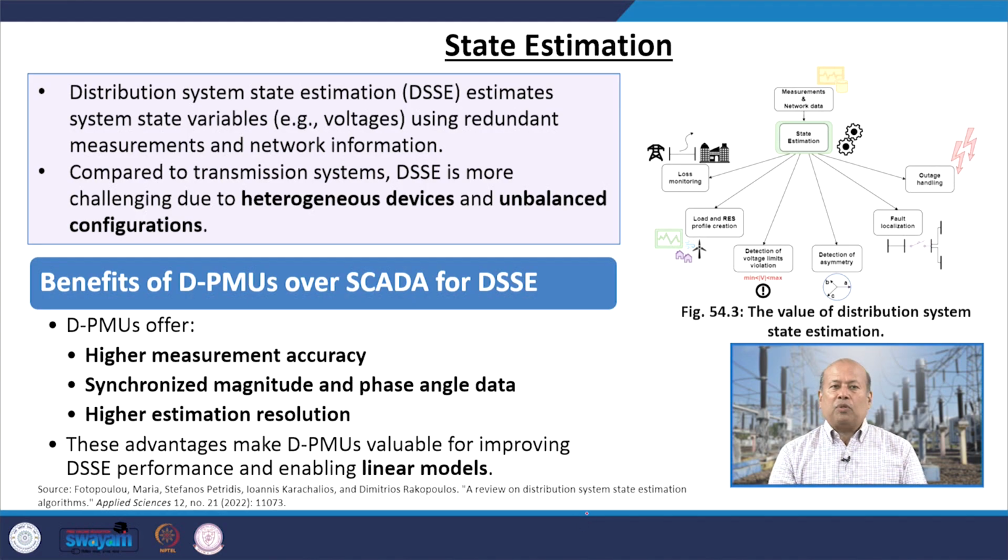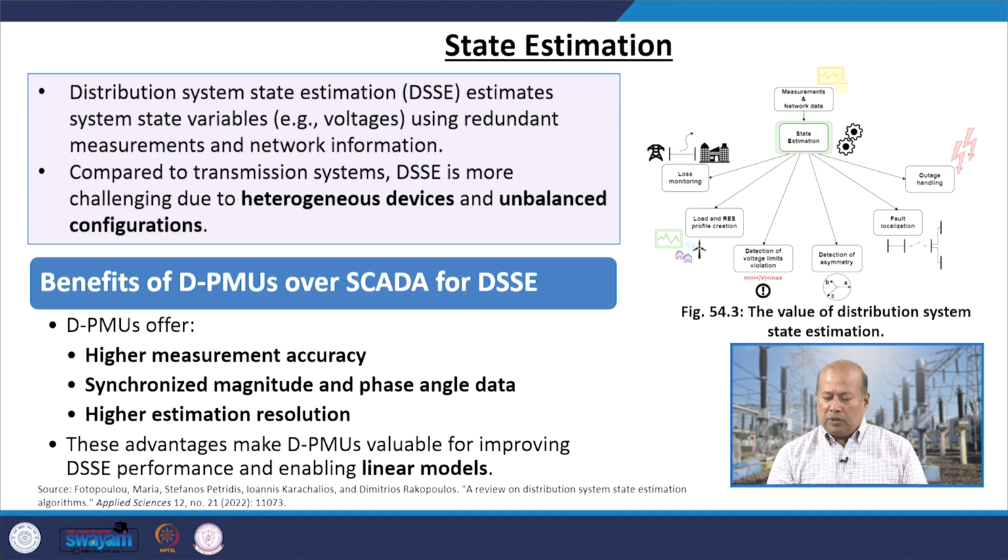Now, D-PMUs offer higher measurement accuracy compared to SCADA systems. Synchronized magnitude and phase angle data is possible. Higher estimation resolution is certainly achievable. So, these advantages make D-PMUs valuable for improving DSSE performance and enabling linear models.